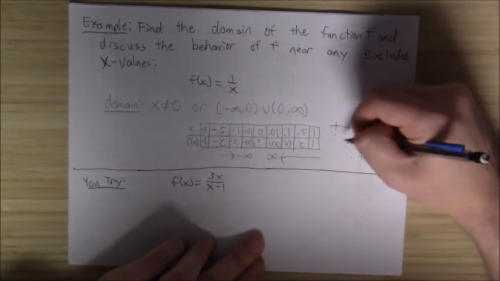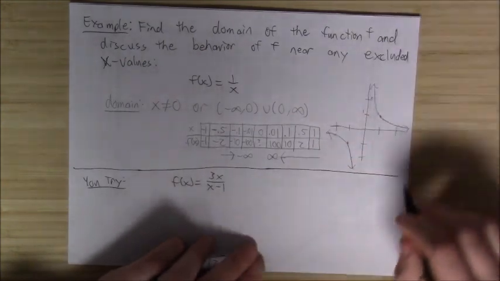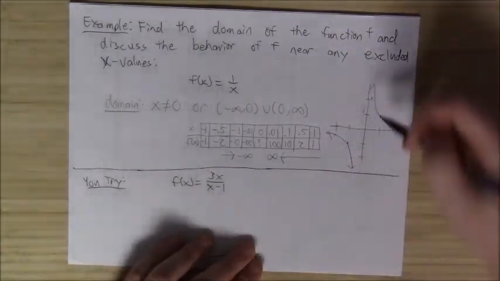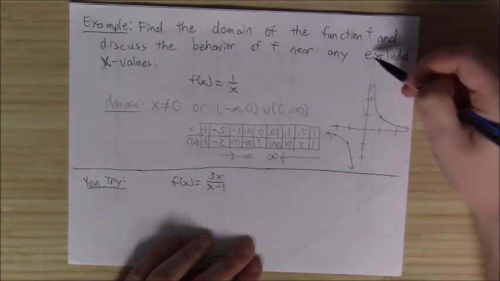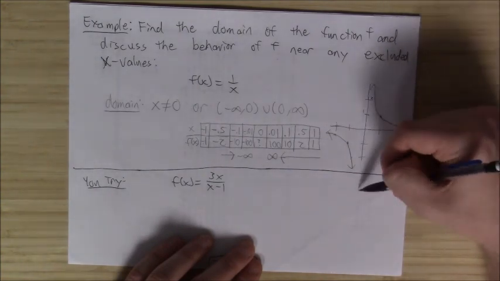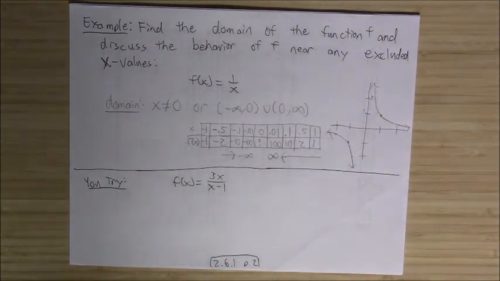But what we see is, if you zoom out, this actually goes really, really high, never quite hits 0. This goes really, really low, but never quite hits 0.